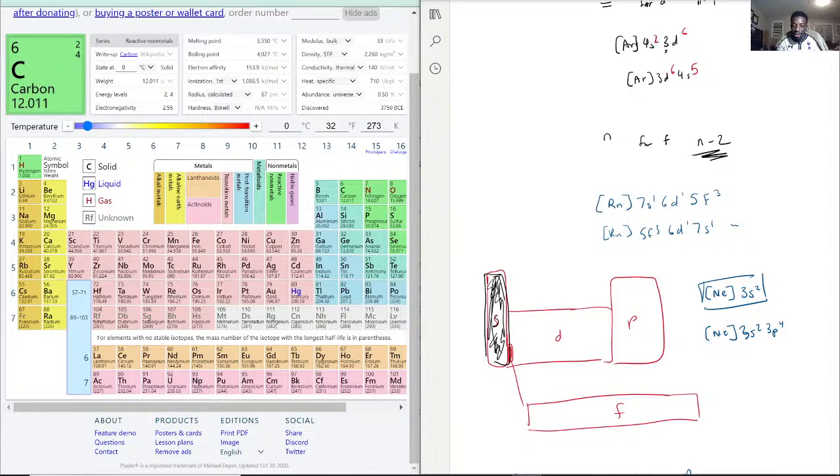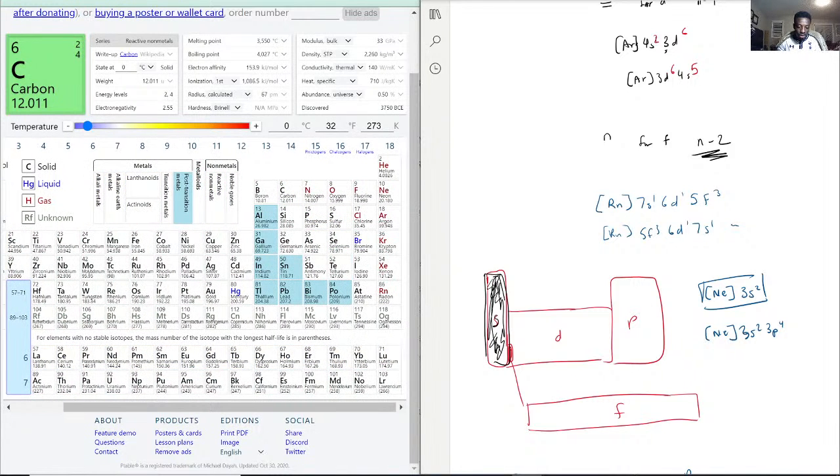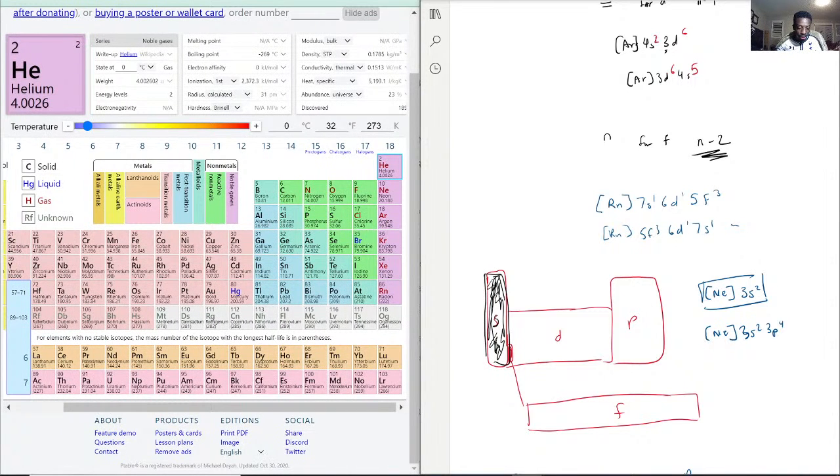Helium is 1s2 because it's the first row, as you can see here. Helium right there. Okay. So helium you'd write as 1s2. It is not 1s1, 1p1. Okay, just because it's on that side. That's why I kind of just throw it in there. So this is not correct.